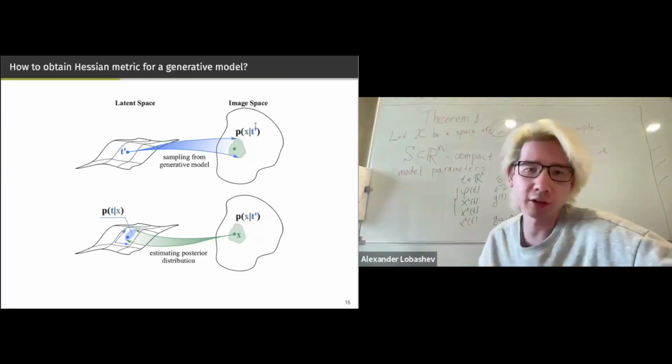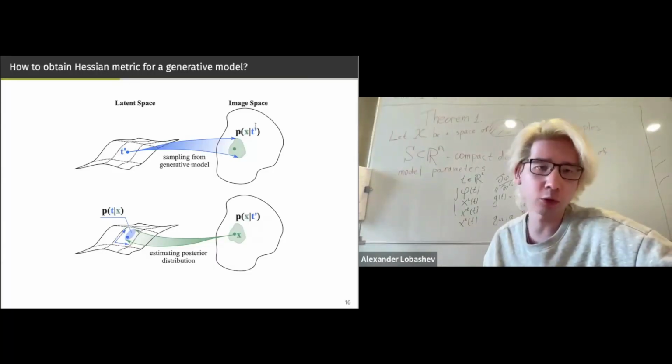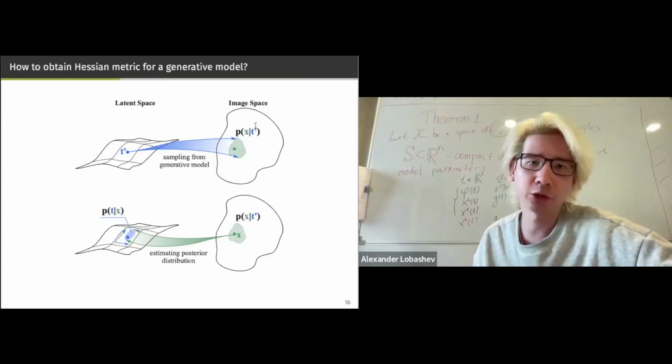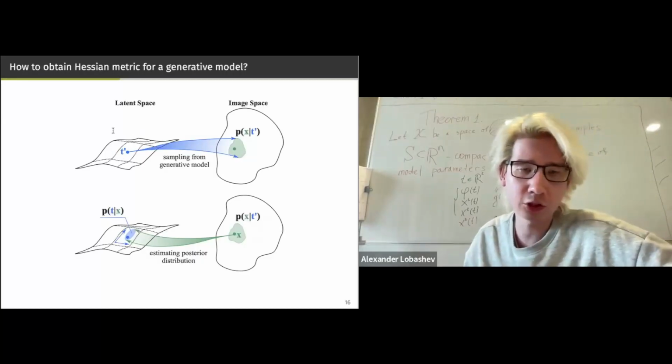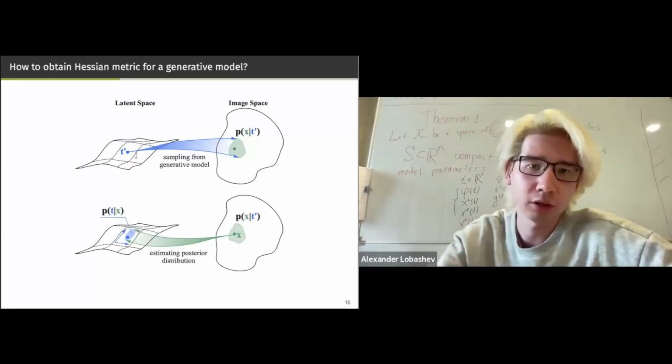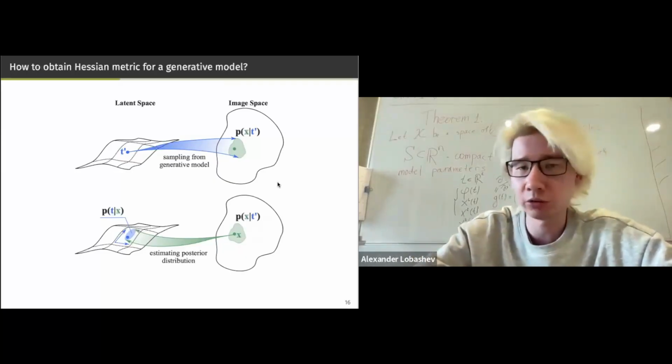For example, if we study a generative diffusion model, we just take some snapshot of weights from Hugging Face. We have this initial noise, and we could sample as many images as we want.